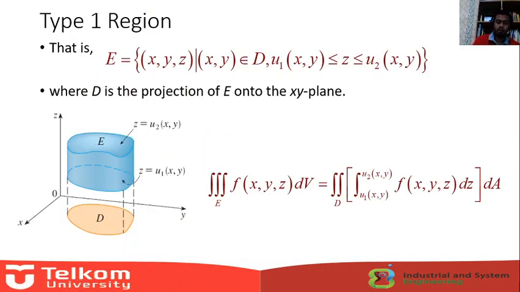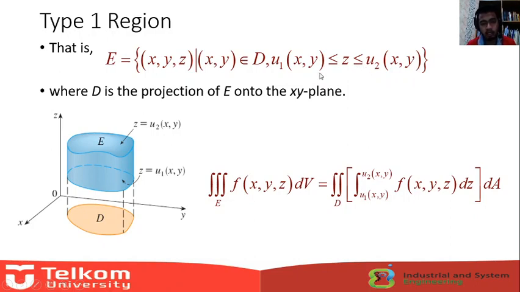Next, for the second section, we learn about the triple integral with a defined function. What is the meaning of a defined function? We have three types of region. The first type is when z is a function of x and y. The second type is when x is a function of y and z.